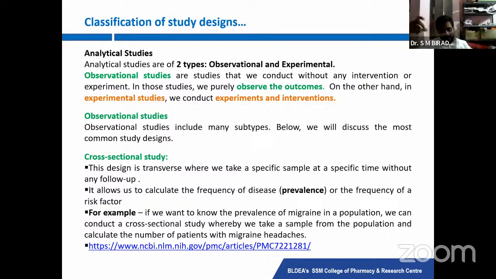They represent certain specific characters during that season; this type of study is called a cross-sectional study. It allows us to calculate the frequency or prevalence of a disease with respect to risk factors. Suppose, for example.